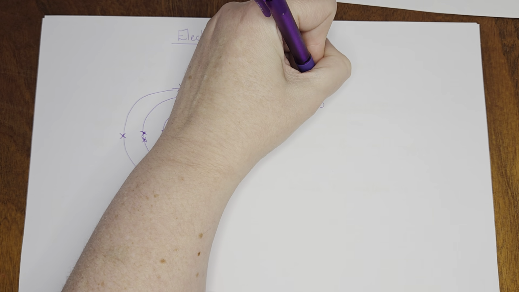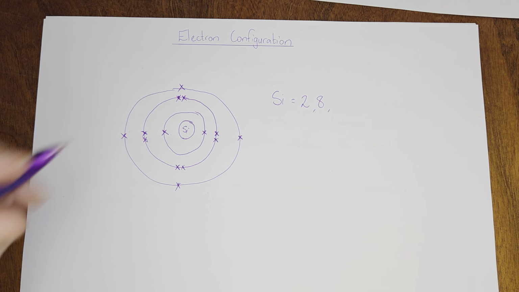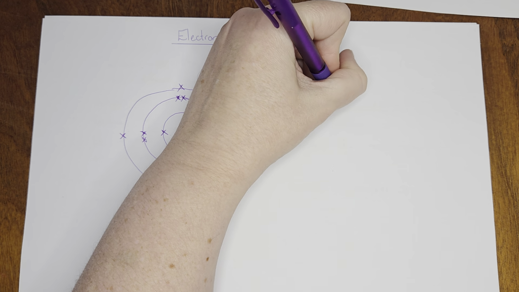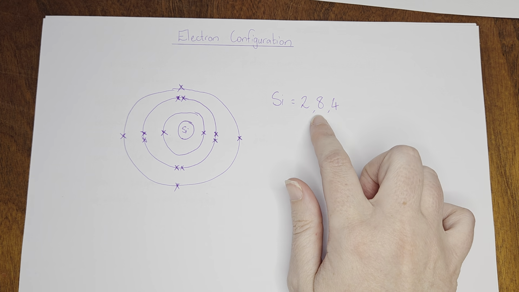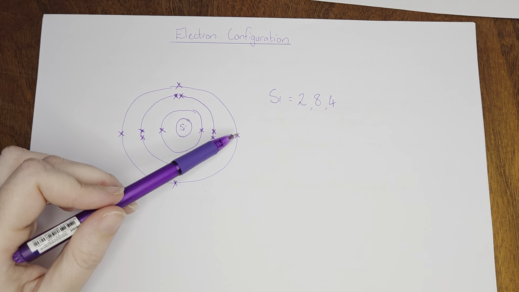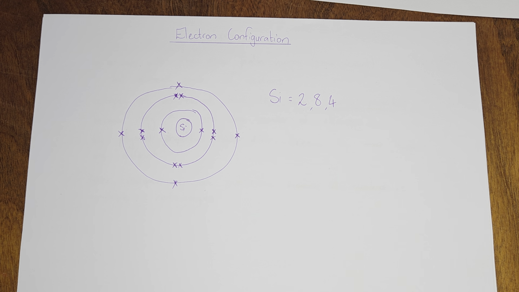So I say 2, 8, then another comma, and my outer one has 1, 2, 3, 4. So my electron configuration written is 2, 8, 4. That's all we have to do. We just have to remember there is always 2 in the inner shell and then 8 in every shell after that. But remember, they are singles first before we make pairs.